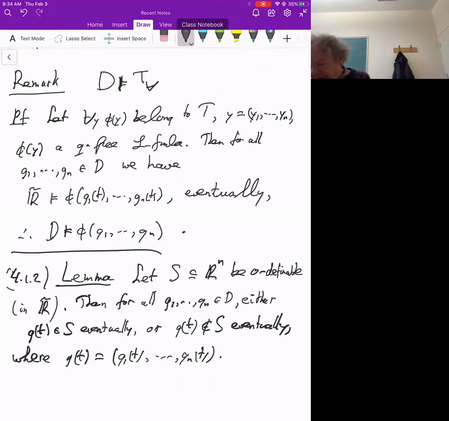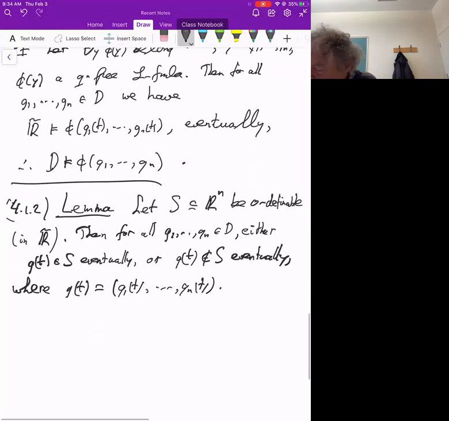So this is a bit like the earlier lemma on the eventual behavior of germs in a Hardy field with respect to semi-algebraic sets. But zero definable is a little stricter, though in principle it's just as general, because by adding names for elements of the real numbers, for example, definable turns into zero definable.